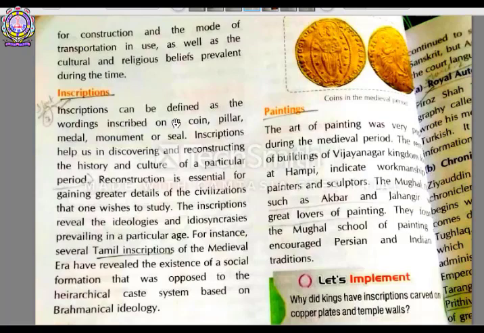For example, if you have any coin, 5 rupees, 2 rupees, 1 rupee, 10 rupees, if you see carefully, some wording is there on the coin, some monument, some pillar, some seal. That is known as inscriptions.